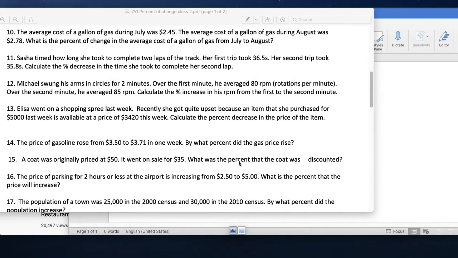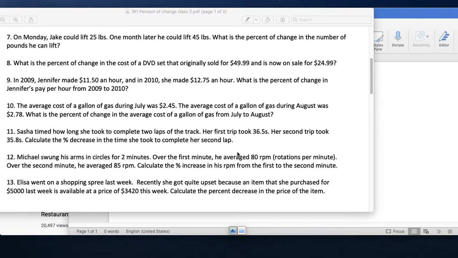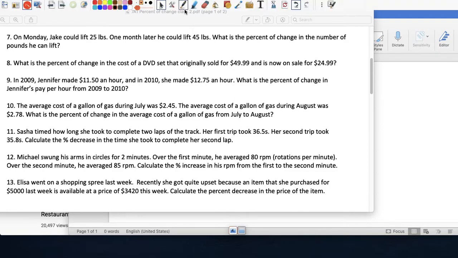7. On Monday, Jake could lift 25 pounds. 1 month later, he could lift 45 pounds. So this is the new. And this is the old. What's the percent of change? It's an increase, right? It's going up.